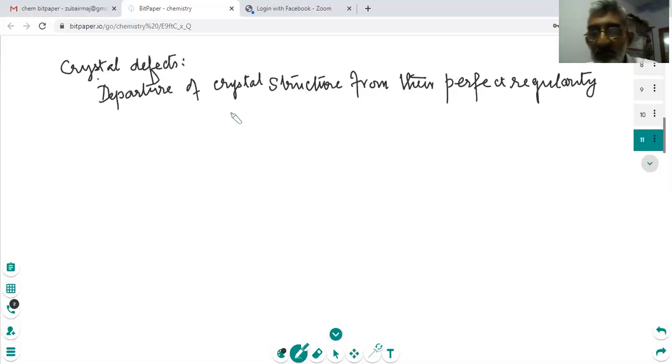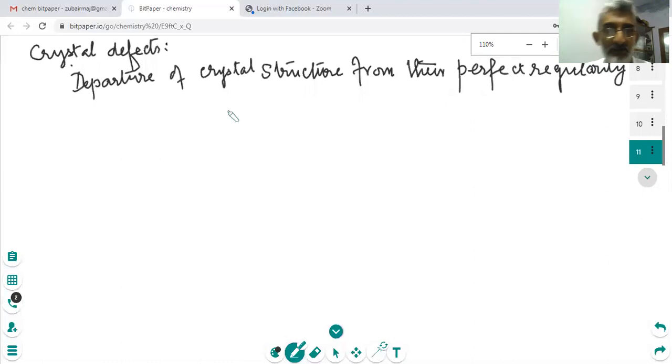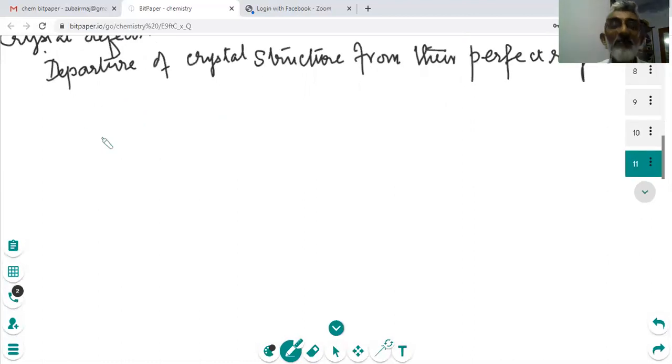Now, these irregularities or defects will affect the crystal in many of its properties.